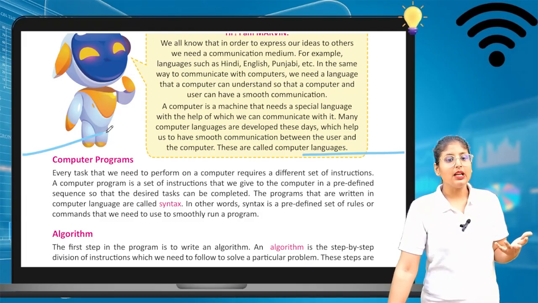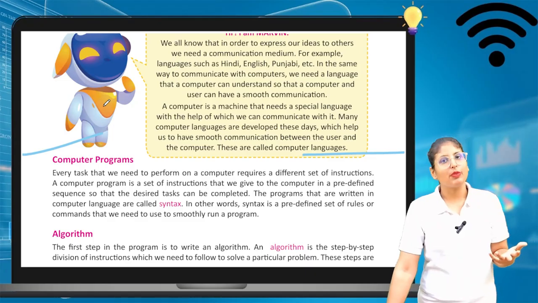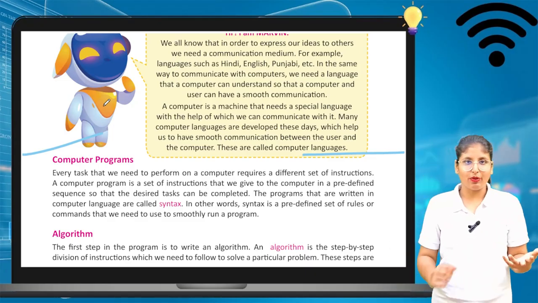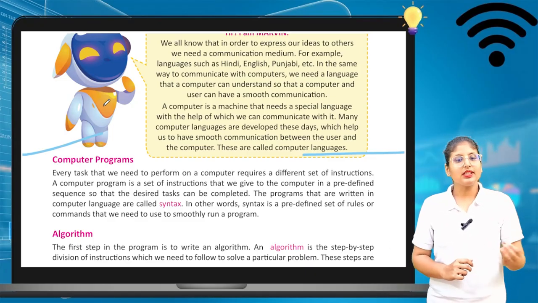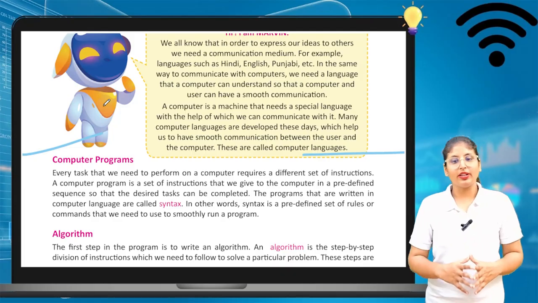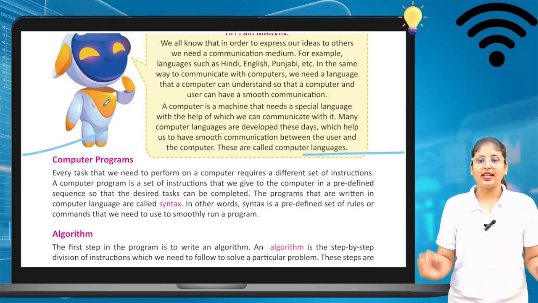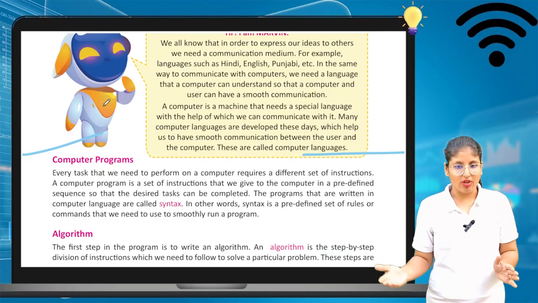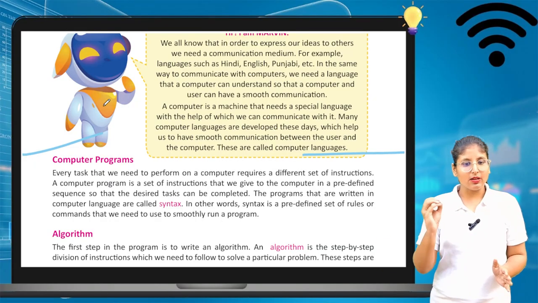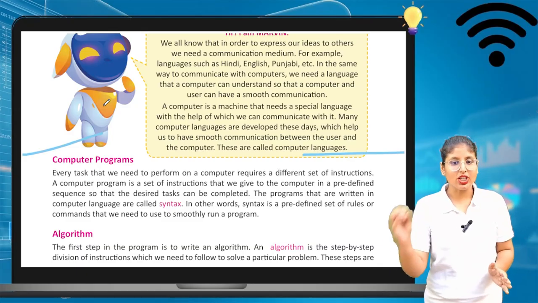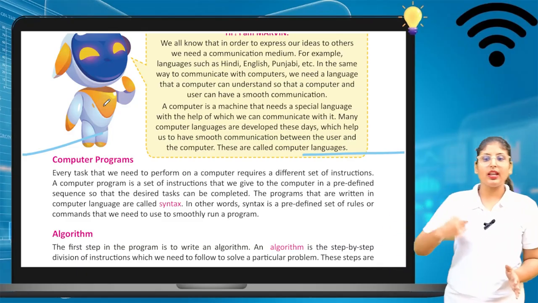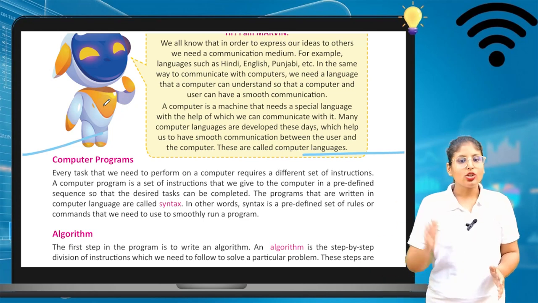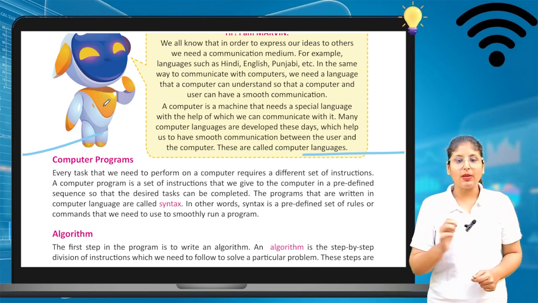First we will see, my dear learners, about computer programs. Every task that we need to perform on a computer requires a different set of instructions. A computer program is a set of instructions that we give to the computer in a predefined sequence so that the desired task can be completed.